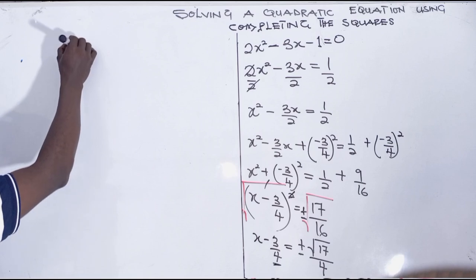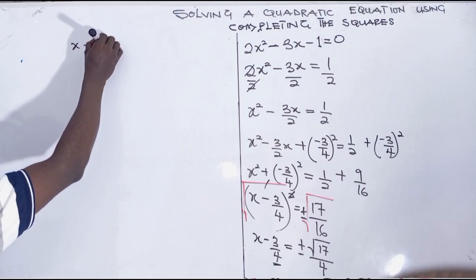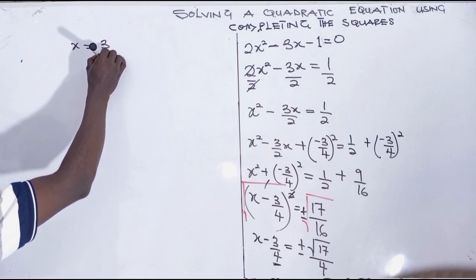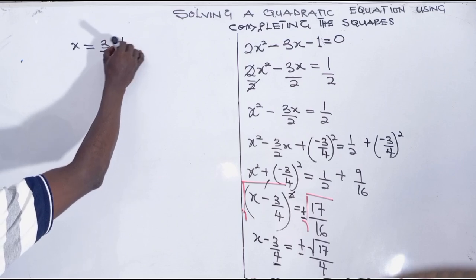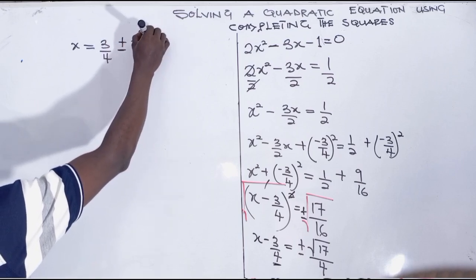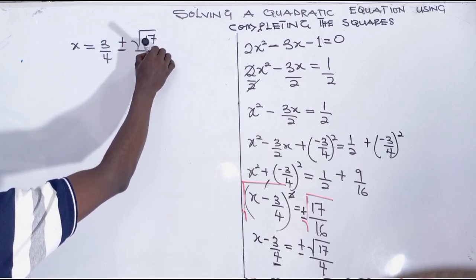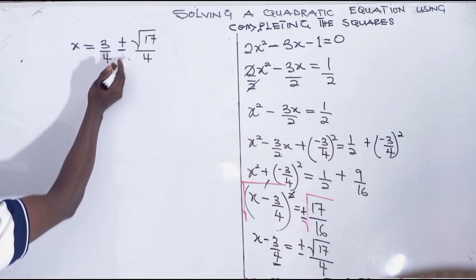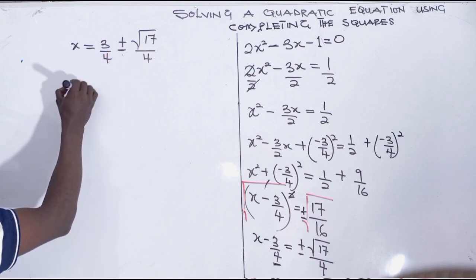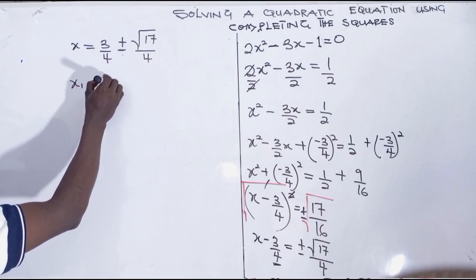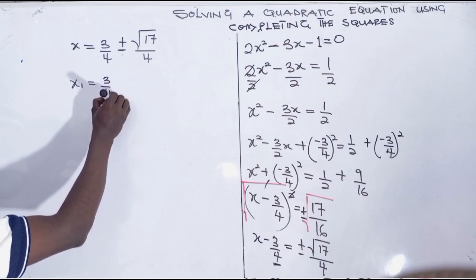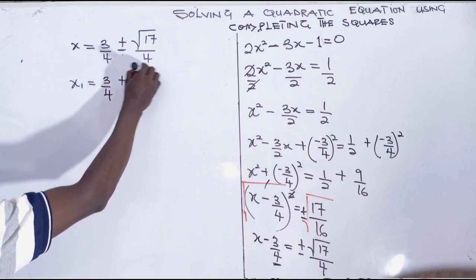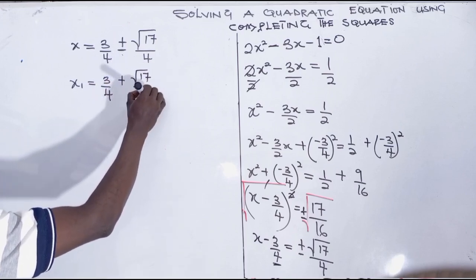So we are going to have x is equal to +3 all over 4, then we have plus or minus root of 17 all over 4. Since we have plus or minus, we can split it into 2. So we have our x1 is equal to 3 all over 4 plus root of 17 all over 4.